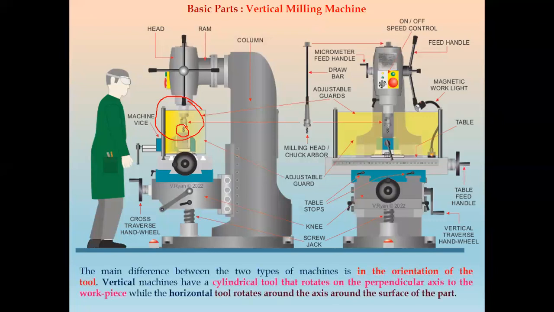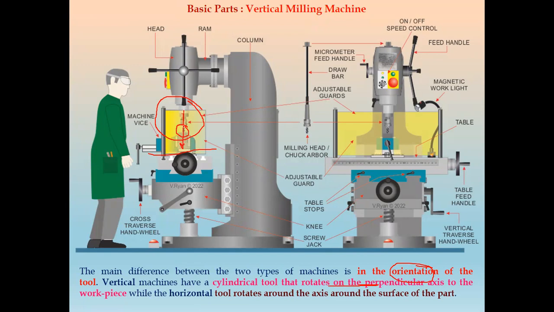The main difference between the horizontal milling machine and the vertical milling machine is the orientation of the tool. In a horizontal milling machine, the tool rotates about an axis around the surface of the part, while in a vertical milling machine, the cylindrical tool rotates perpendicular to the axis of the workpiece. So the workpiece axis is like this, and in vertical, the mill tool axis is like this.